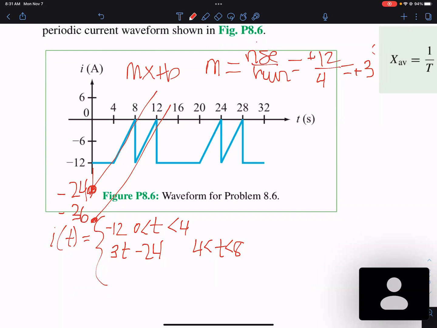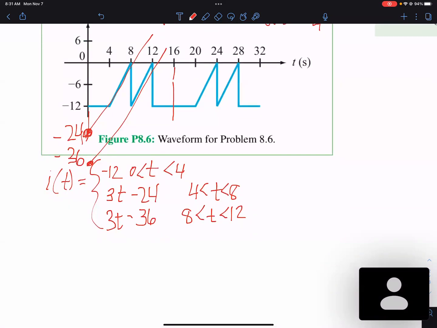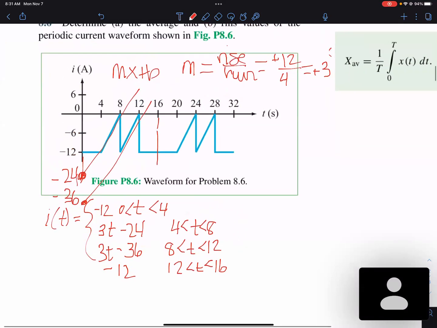And so this one will be 3t minus 36 for between 8 and 12. And then you have another 4 time period between 12 and 16, where it's just a minus 12 again. Are you guys following how to write this?